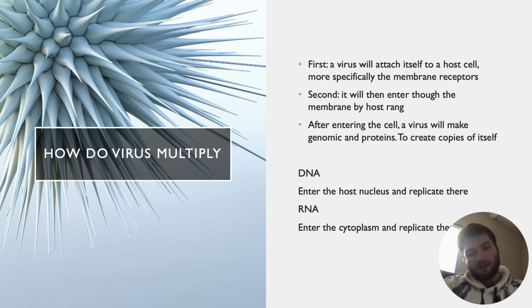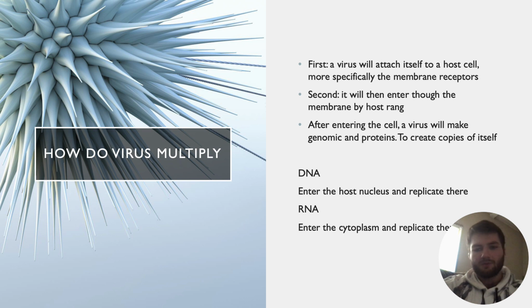A virus cannot live unless it has attached itself to a host. If a virus is not attached to a host, it mostly lays dormant. Attaching to a host is the first step of multiplying, going from that dormant stage to the active stage.